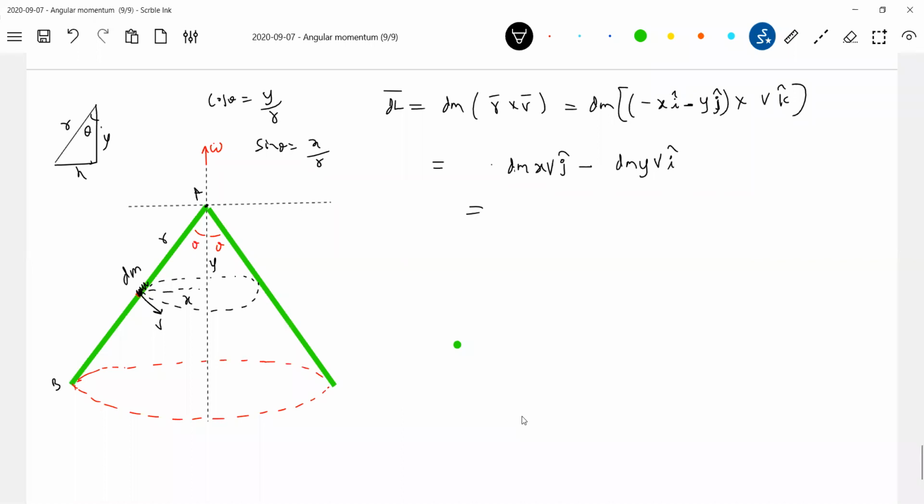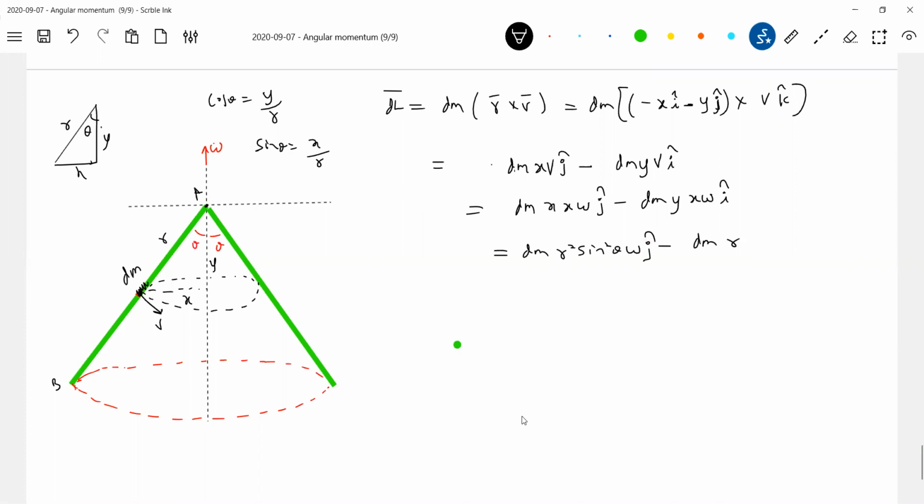What is v in turn? Shall we write v equal to x omega? Because omega is what is given for us. So v is equal to x omega. What is x square? r square sin square theta omega.